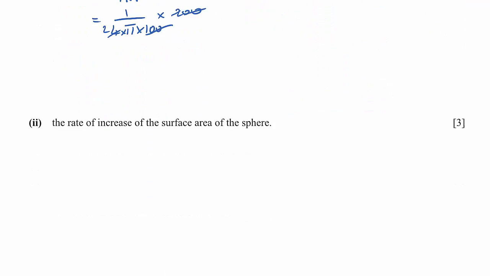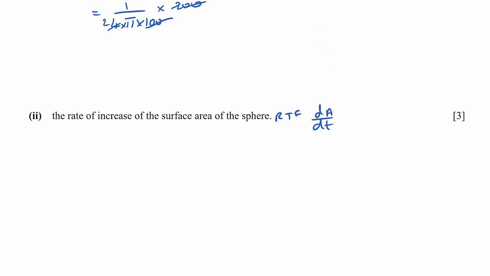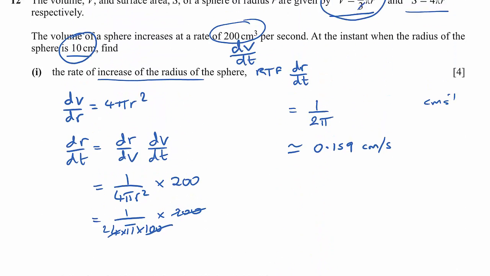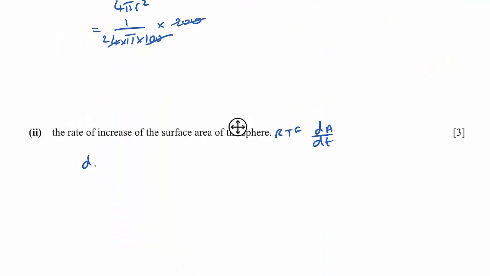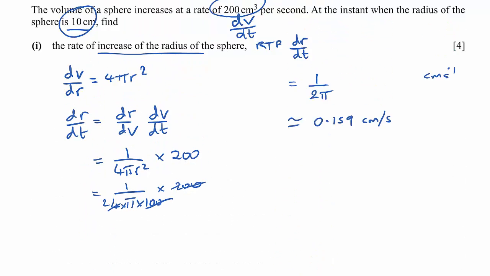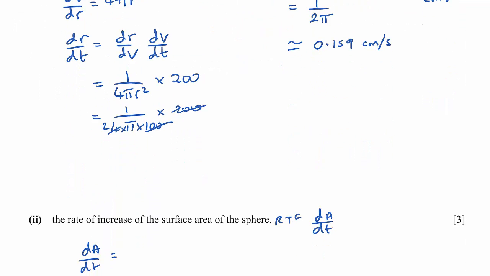Okay, rate of increase of the surface area. So now we're required to find dA/dt. Okay, so we need a chain that's going to give us dA/dt. Well, sorry, they've used S, so I'm just going to use S for surface area, that's fine.